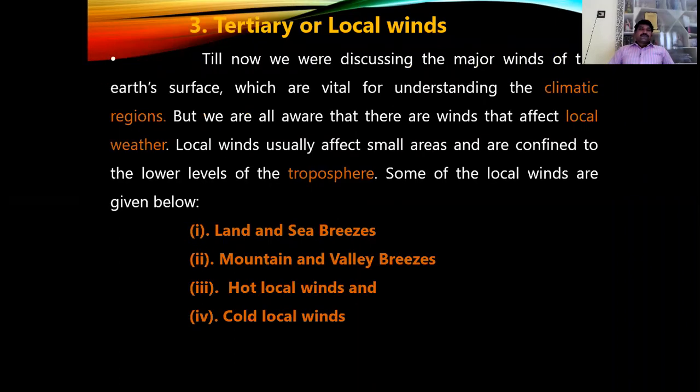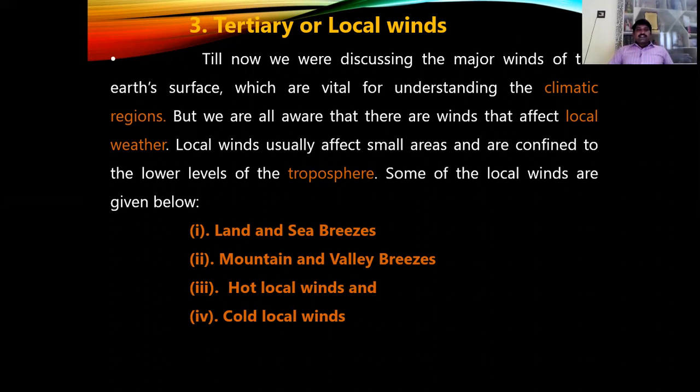Now, the tertiary winds are local winds. So far, we were discussing the major winds of the Earth's surface, which are important for understanding the climatic regions. But we are all aware that there are winds that affect local weather.